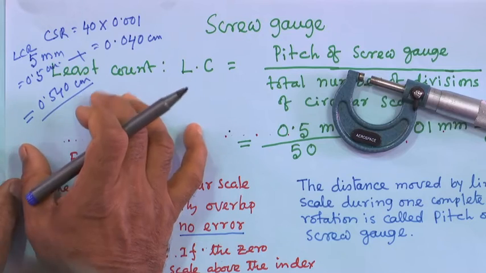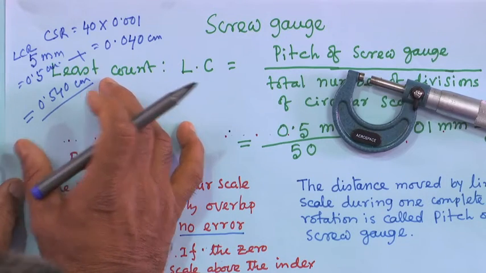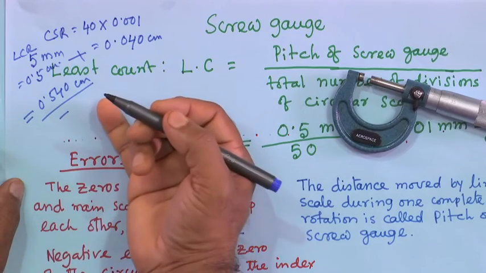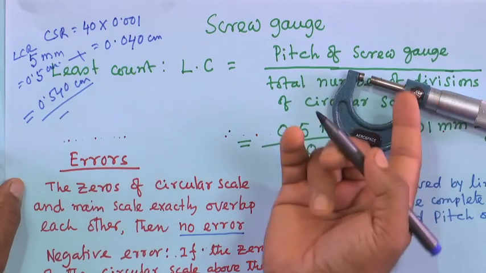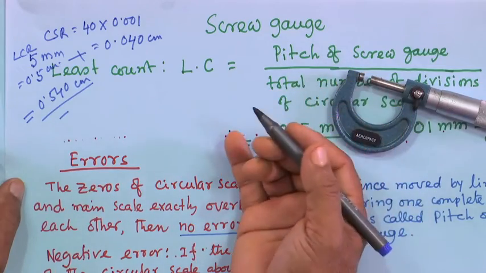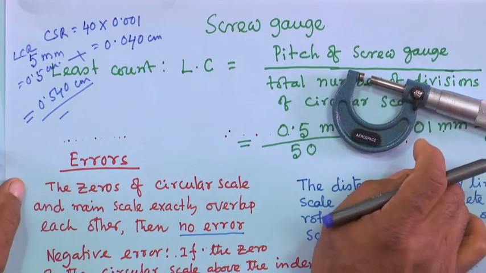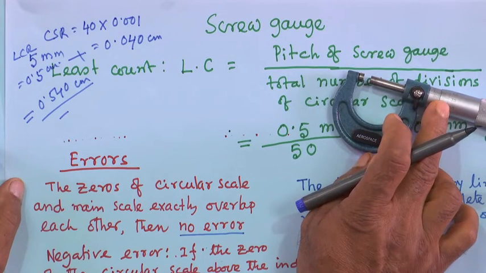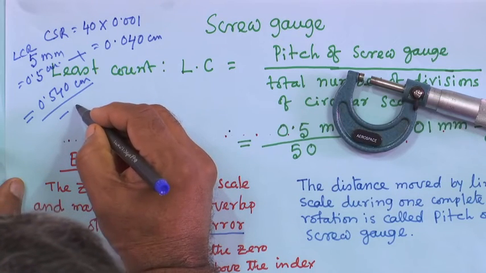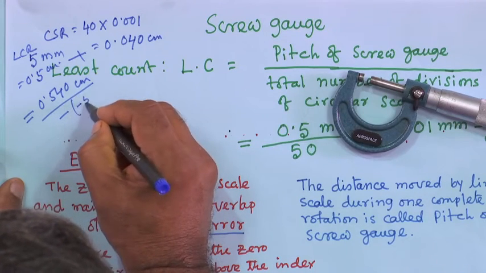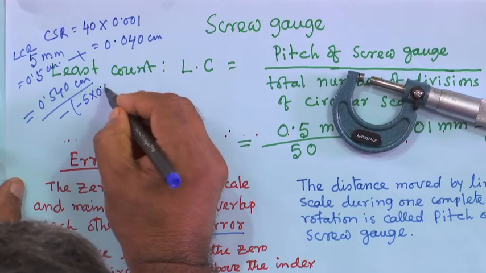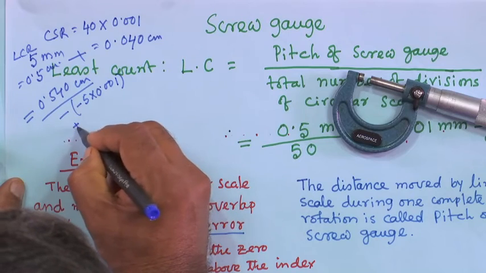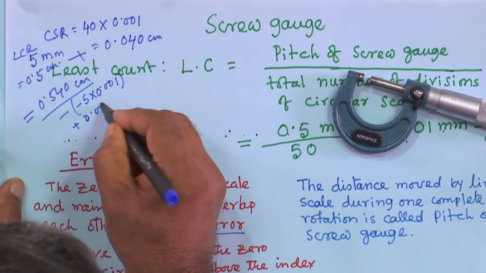Now, as we told, we have to take the final reading minus the initial reading, that is the error, if any error is there. In this case, I told you some error was there. It just crossed this zero, so that was a negative error. That reading was around 5 divisions. So, that negative error was minus 5 into 0.001 least count, so that would be the error, minus 0.005.